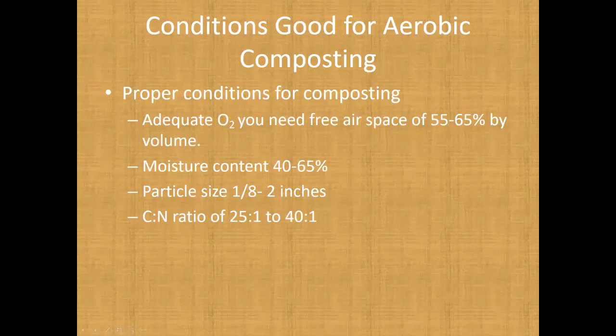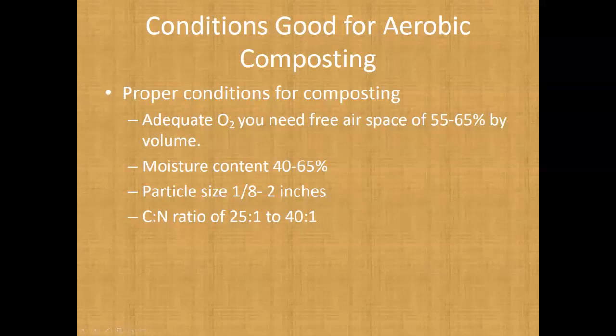Obviously the air and water space is going to fluctuate, because if we've got 50% air and 50% water, where's the room for our other materials? So these things will fluctuate, but the bulk material or matter is surprisingly small compared to the size of the pile. A lot of green materials are going to be mostly water.